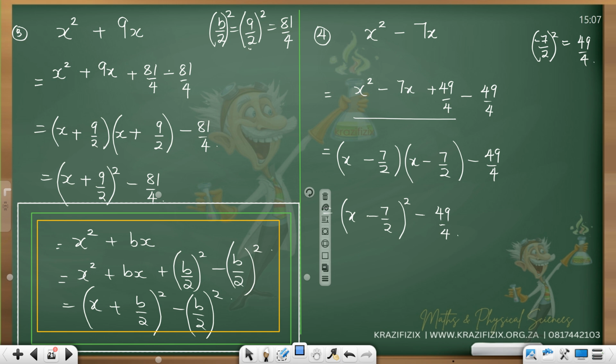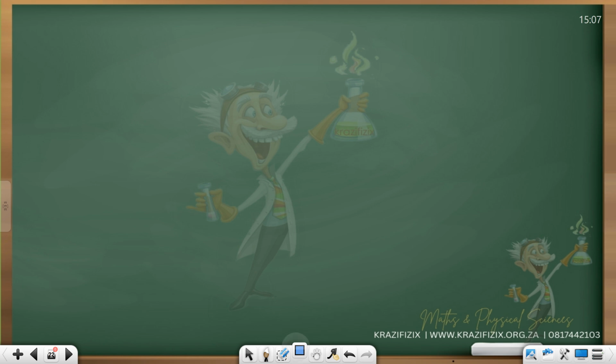All right. Now, let's make it 3 terms. Then we start using this to solve. If I have 3 terms, what's going to happen? A trinomial.